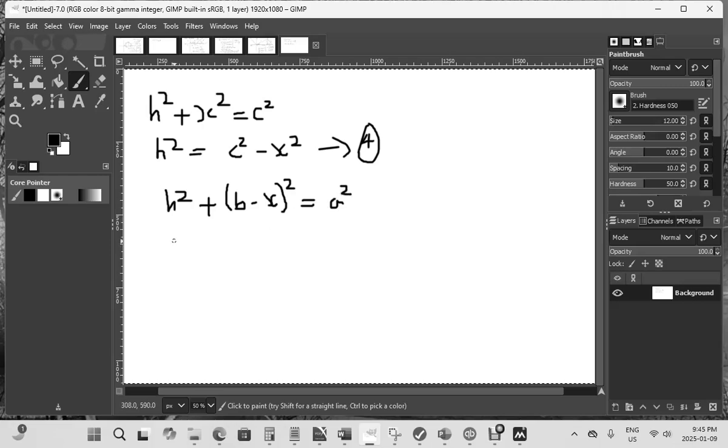So we know that (B minus X) squared will be A squared minus H squared.